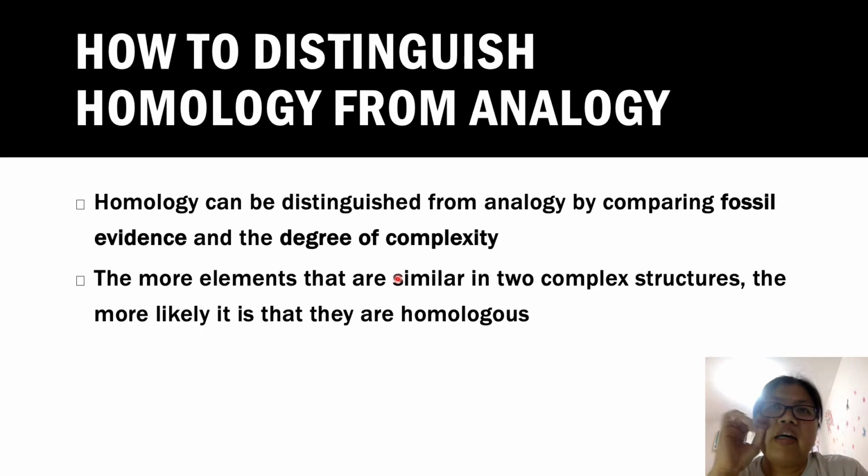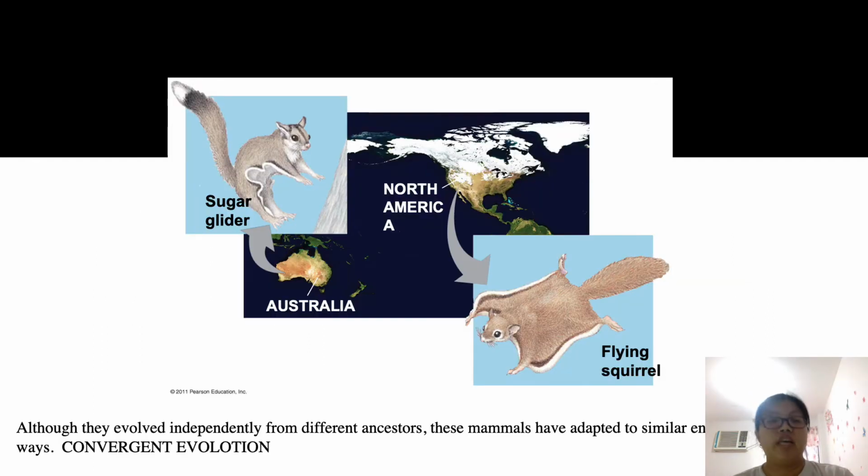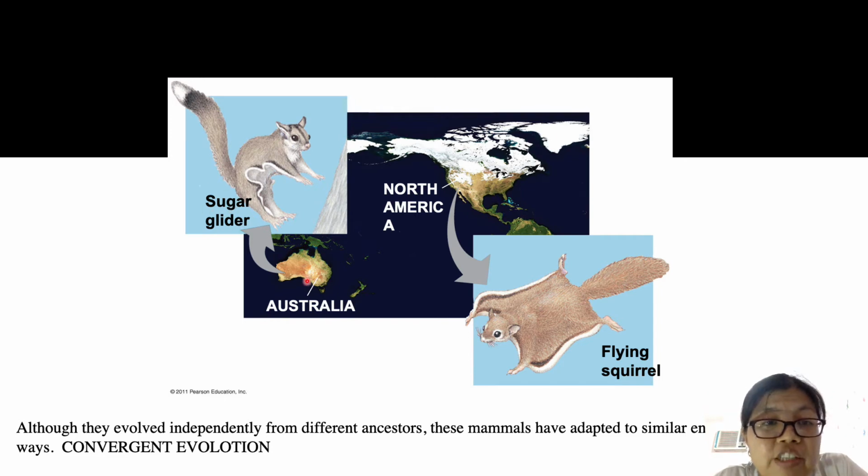So it is unlikely that the cracks are because of convergent evolution. Okay, it's more likely because of ancestry. And the more elements that are similar in two complex structures, the more likely it is that they are homologous.